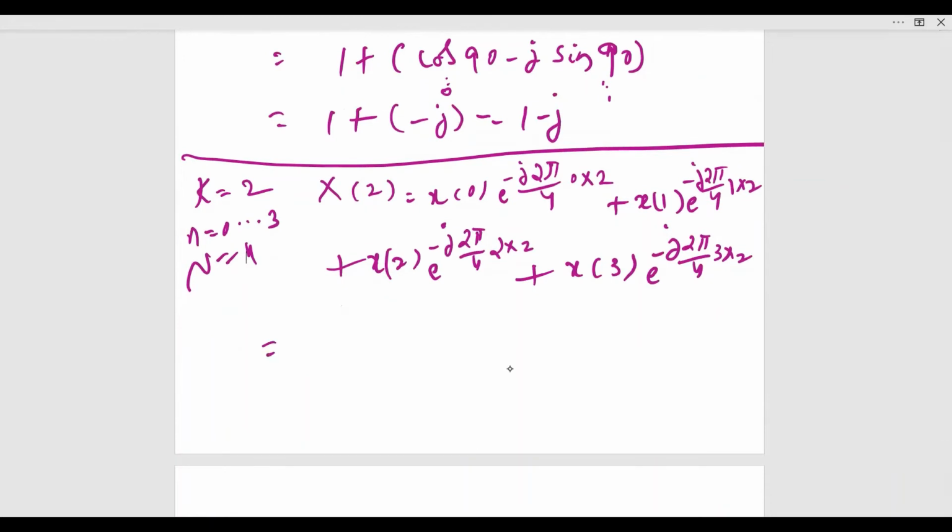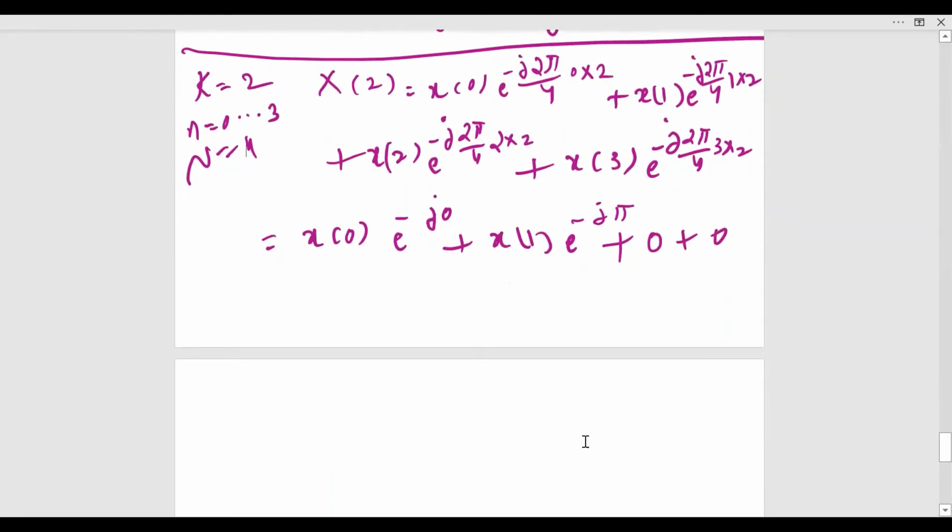So we can write it as x of 0 e power, again this is 0, so minus j 0, plus x of 1 e power minus j, this is 2 into 2 is 4, 4 and 4 will get cancelled, minus j pi. And we know that x of 2 and x of 3 are 0, so we don't need to find out.